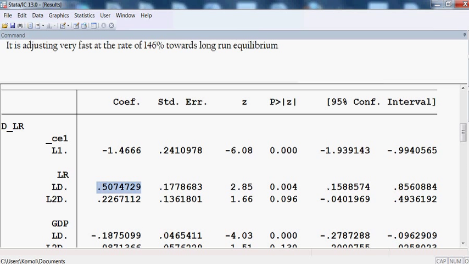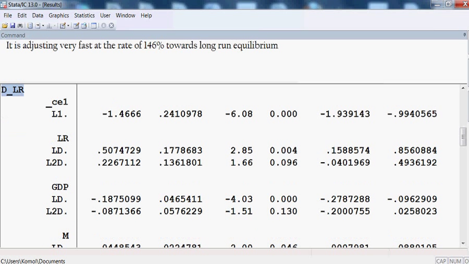First I talk about this coefficient, that means lag 1 of LR. Is it significant? Yes, because the p value is 0.4%, which is less than 5%. So lag 1 of LR is significant to explain our dependent variable, which is LR.